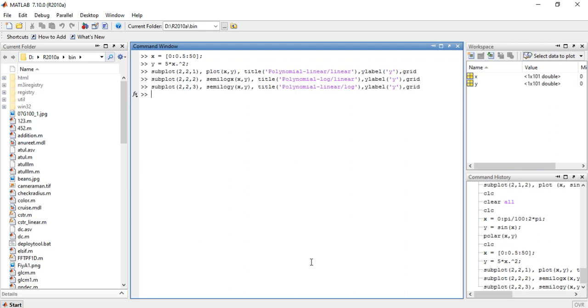In this case also, I just want to add the X label. I just add the X label here. X label is X.